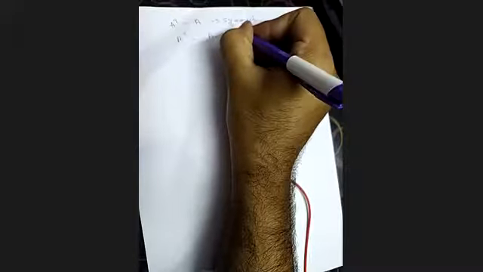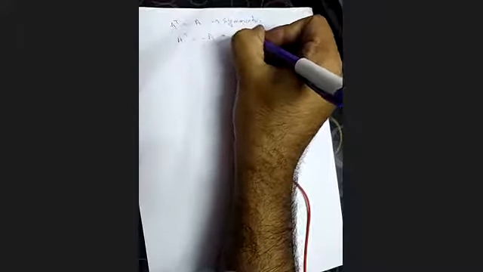The symmetric matrix if A transpose is equal to A, and it's a skew symmetric matrix if A transpose is equal to minus of A.